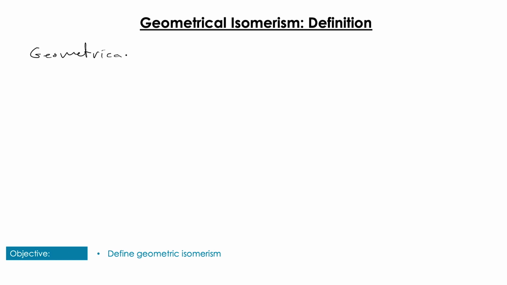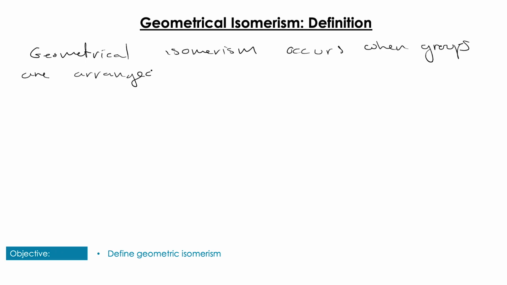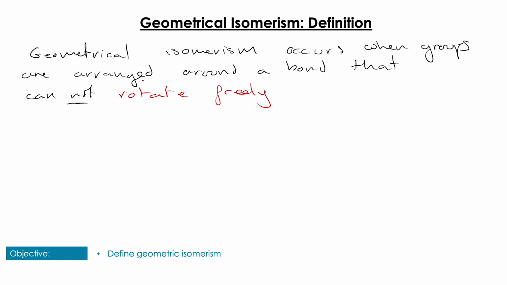Geometric isomerism refers to a type of isomerism which is based around the rotation of bonds. When we can't have rotation around a bond and there are different groups attached to the carbon that makes a bond, then in real space, it matters which position any group might be in because it cannot rotate freely around the bond.